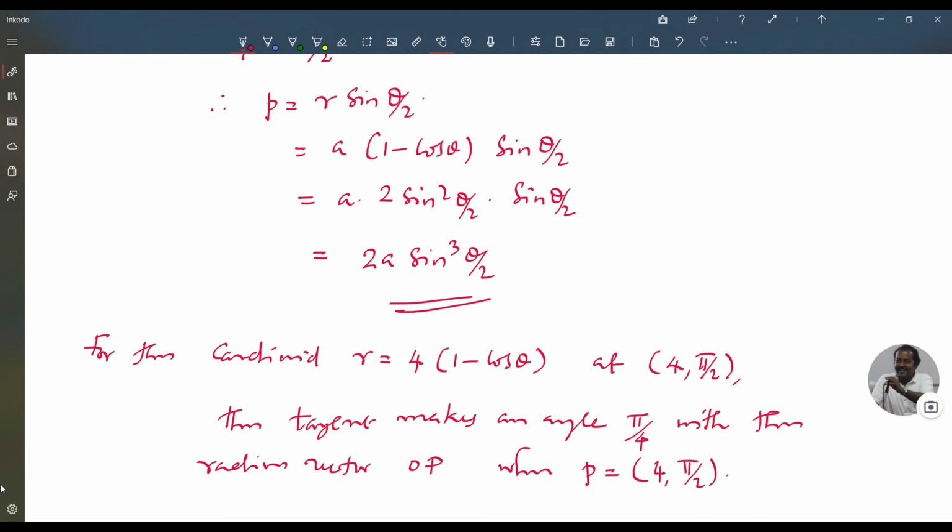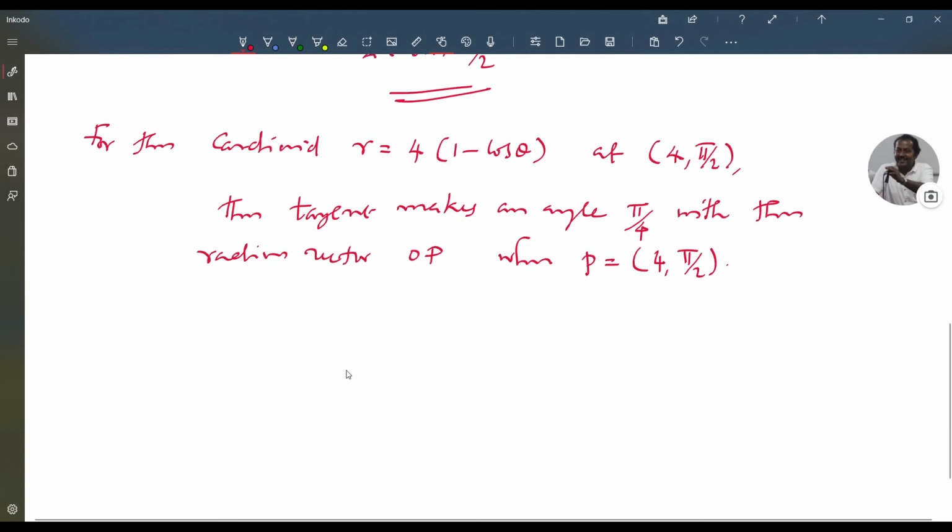This is what you have from the previous class. Now you can continue that using GeoGebra.